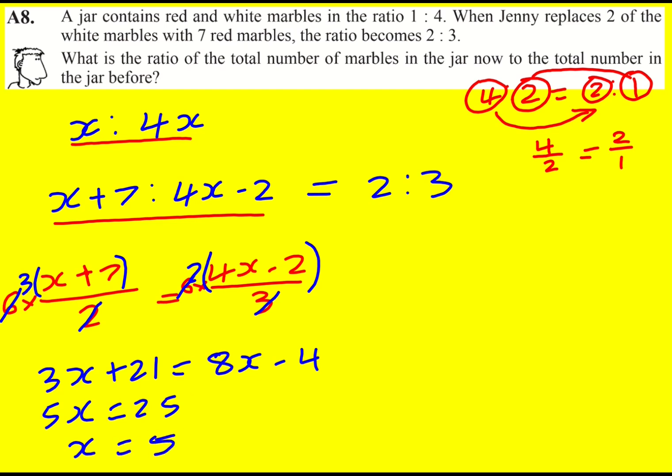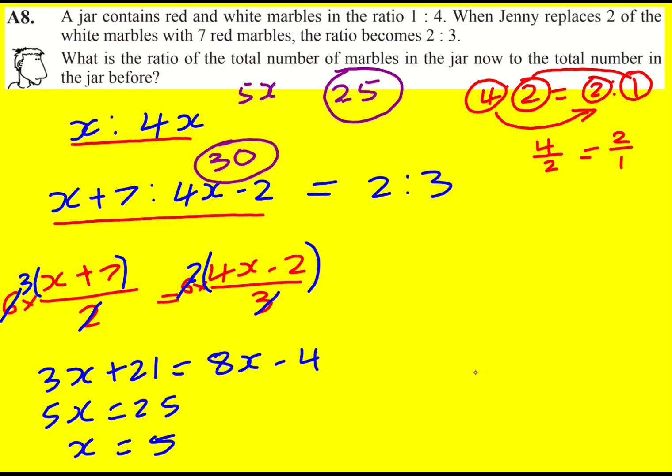What was the ratio of the total number of marbles in the jar now to the total number in the jar before? So before we had 5x marbles, so we had 25 in total. And then we took away 2 and added 7, so we must have ended up with 30 over here. If you substitute 5 in, we'll get 12 and we'll get 18.